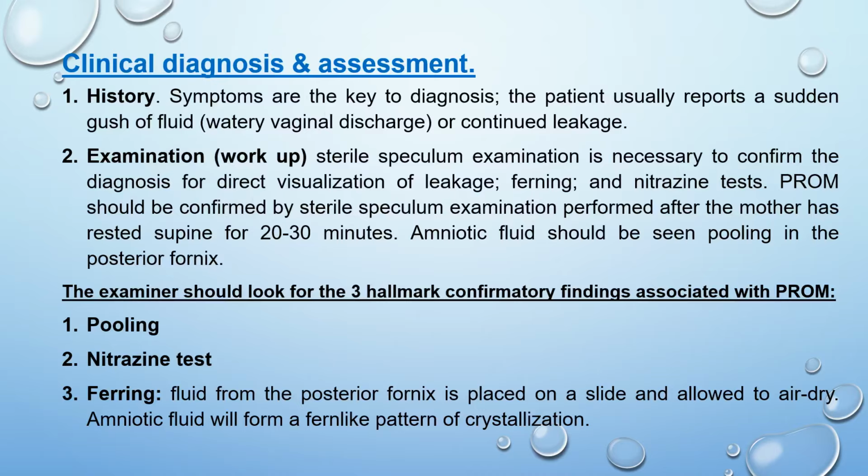Symptoms are the key to the diagnosis. The patient usually reports a sudden rush of fluid, which is a watery vaginal discharge or continued leakage. She will tell you, doctor, I suddenly felt a lot of water come over me, or sometimes, no, the fluid is continuous. Okay, we also ask about the fluid: the color, amount, odor. Those are the other criteria in the history: any associated abdominal pain, any other associated disease, symptoms of infections, discharge, itching, fever, whatever.